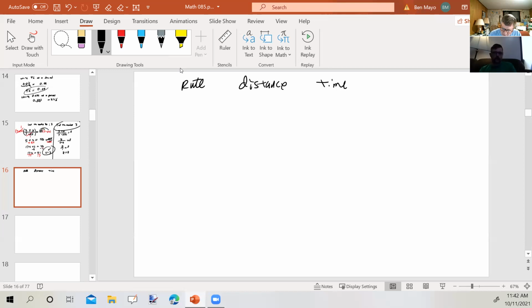All right. In a previous example, we explored the formula that distance equals rate times time. So because this problem involves rate or speed, distance, and time, we're going to use the formula D equals RT. Let's do this. I'm going to erase this now that we know we're talking about distance equals rate times time. And let's make a chart.